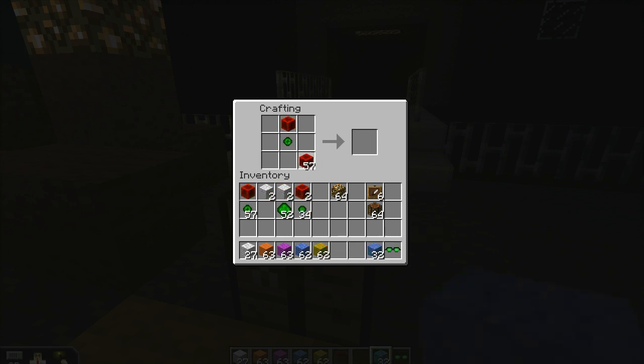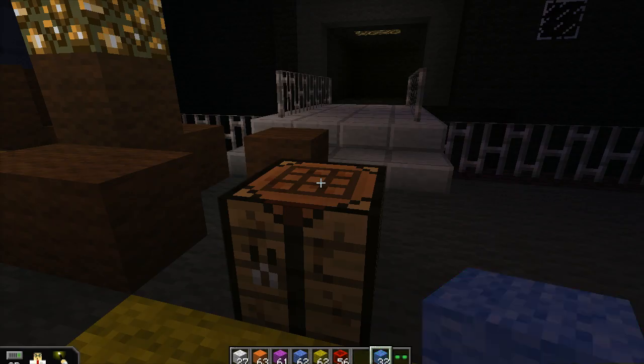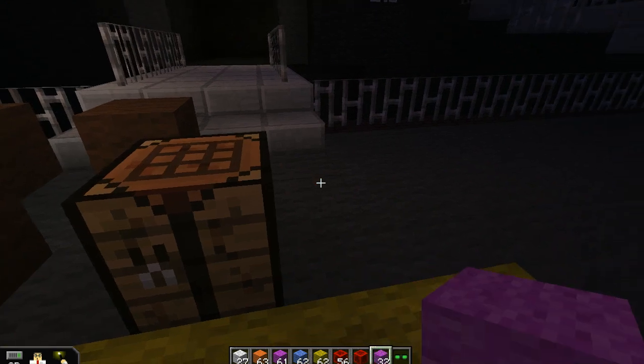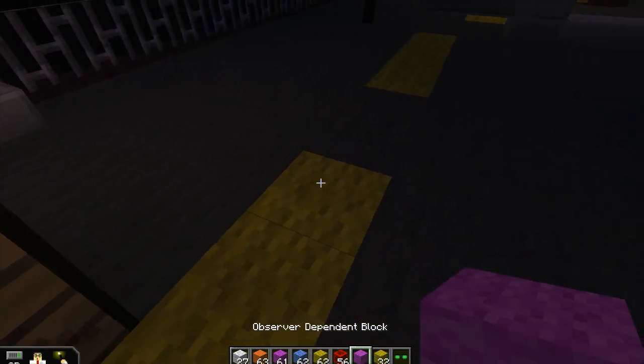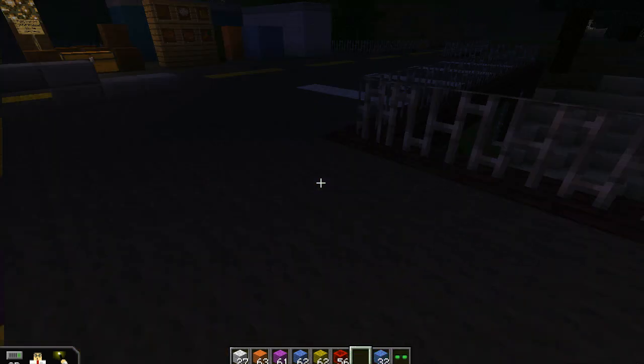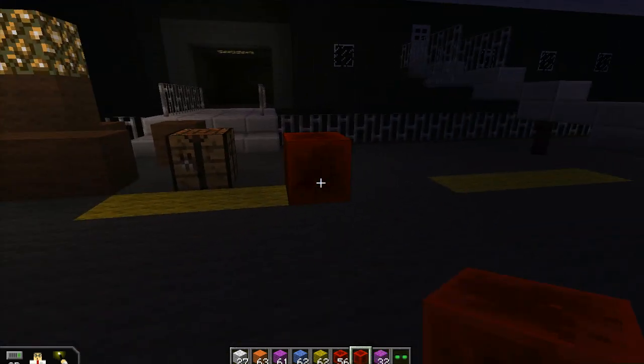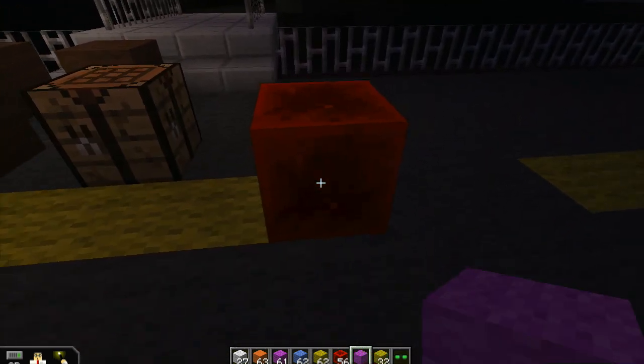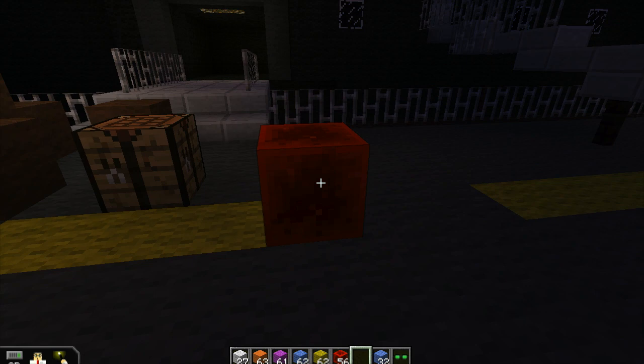So if I drop redstone, for example, into my crafting recipe along with some wool, and use that in the world, you'll see that when this block resolves to redstone, it actually will transmit a redstone signal.